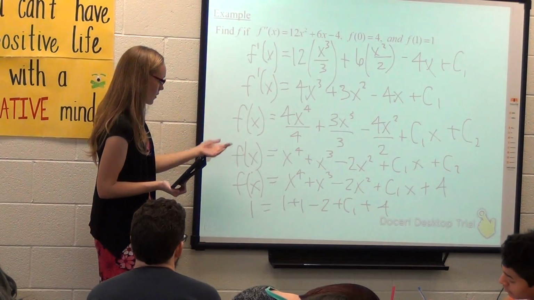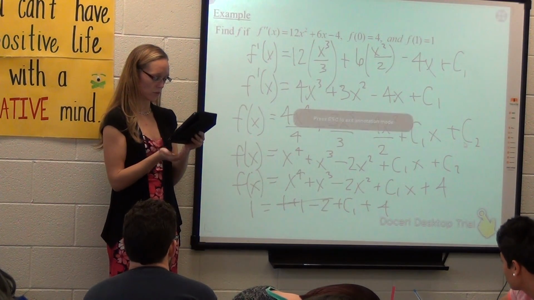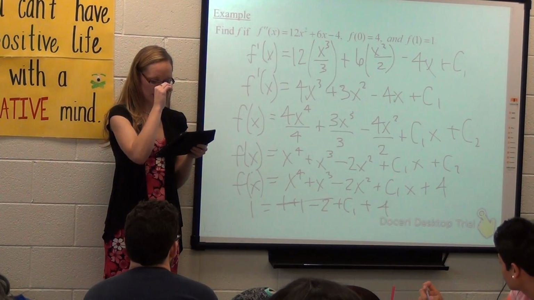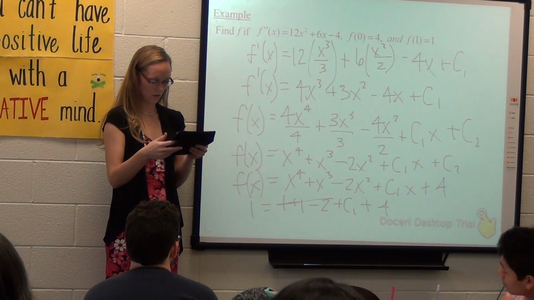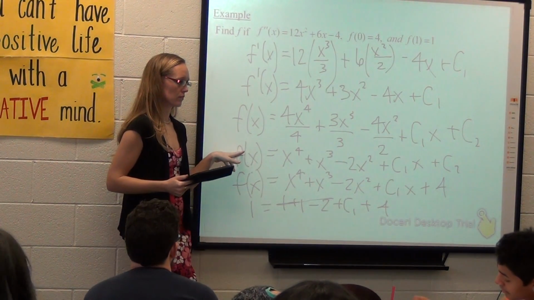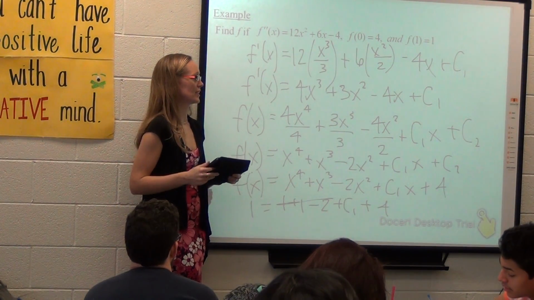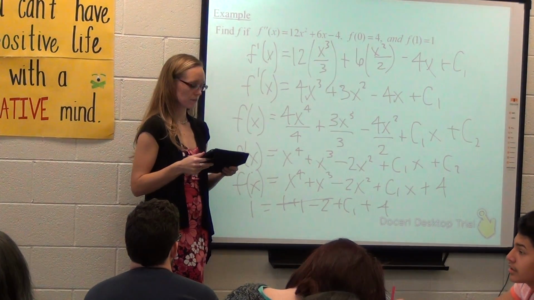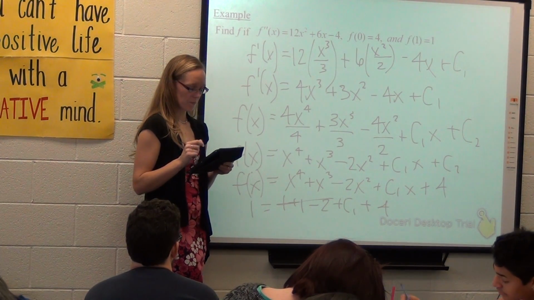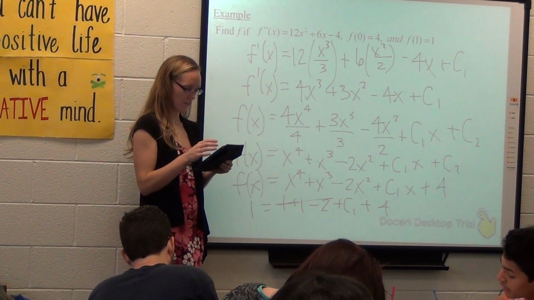So by plugging in 1 for all of the x's, this is what I end up with. 1 plus 1 minus 2 goes away, they cancel each other out. Subtract 4 and c sub 1 equals negative 3. Why does c sub 2 equal 4? Because I already found that when I plugged in 0 for x. Is there a certain order you should do it in? So then c sub 1 is equal to negative 3.